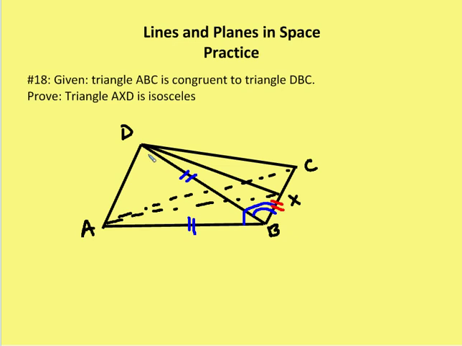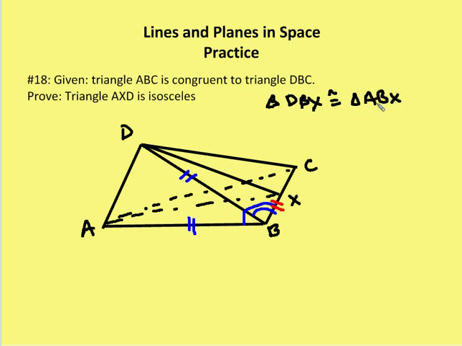So now I have a triangle DBX, which is congruent to triangle ABX. So I'm going to write that down as well. Triangle DBX is going to be congruent, and that triangle is kind of ugly looking, DBX is congruent to triangle ABX.